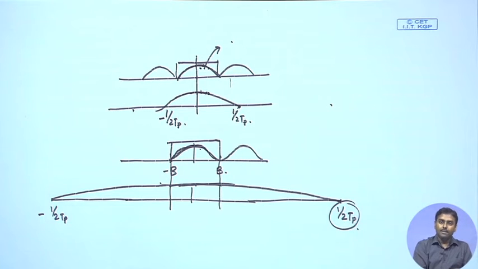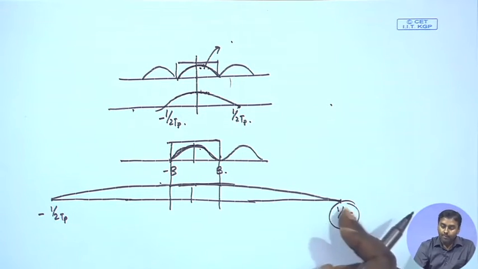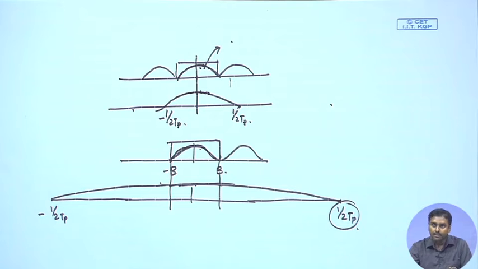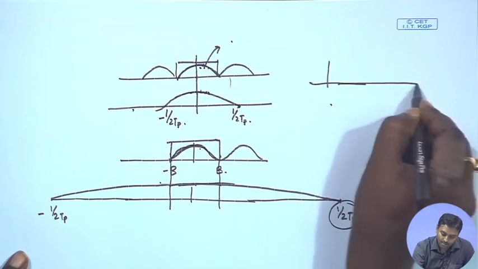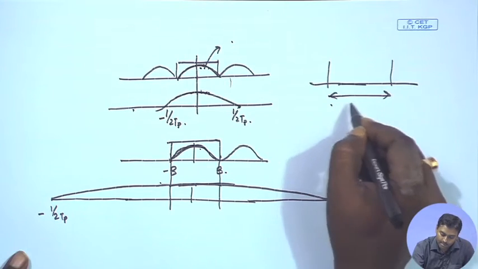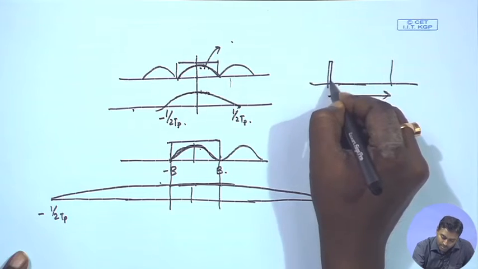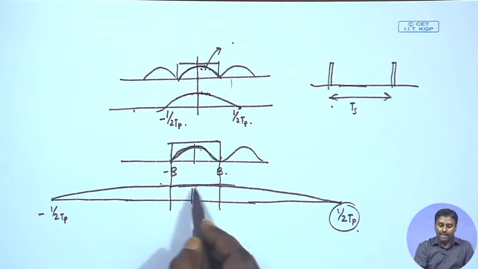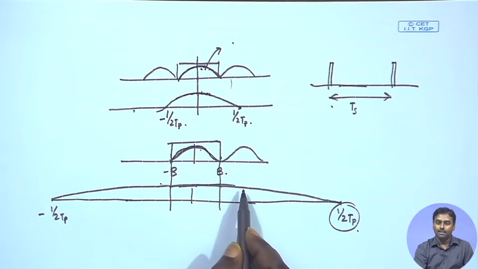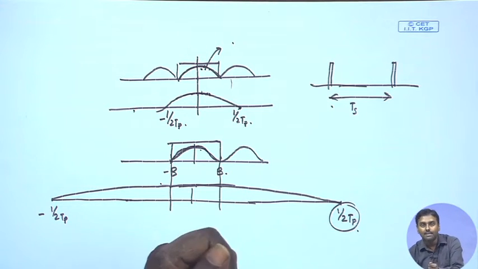What does this mean? So, 1 by 2 Tp I am increasing, that means the Tp has to be reduced, right. So, what happens to the pulse? This is my Ts and I am trying to reduce the pulse width. So, this will be exactly flat when I have a pulse which has almost infinitesimally vanishing width, okay, which is an impulse function again.